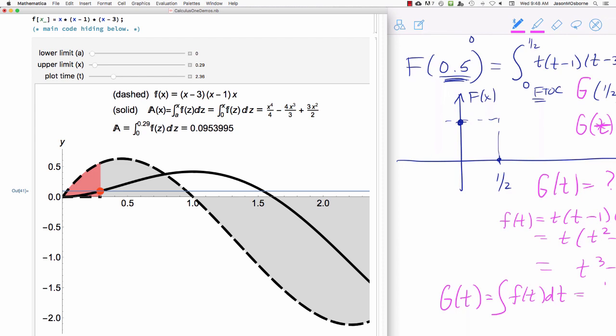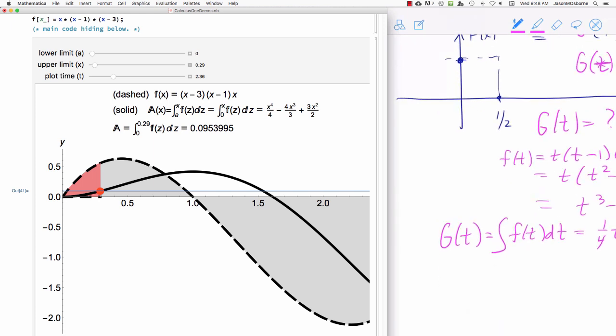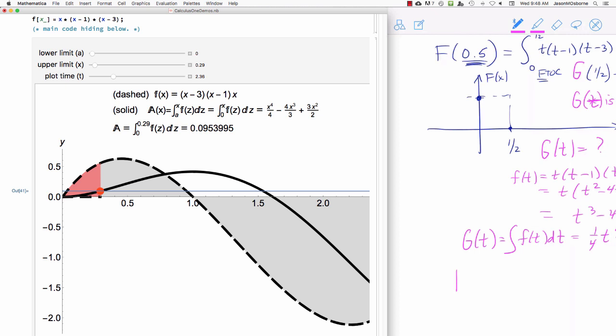So that would be 1/4 t to the 4th minus 4t cubed over 3 plus 3t squared over 2. Okay. There's your antiderivative. So now you can find the function evaluated at 0.5 by simply taking the antiderivative evaluated at 1/2 minus the antiderivative at 0.